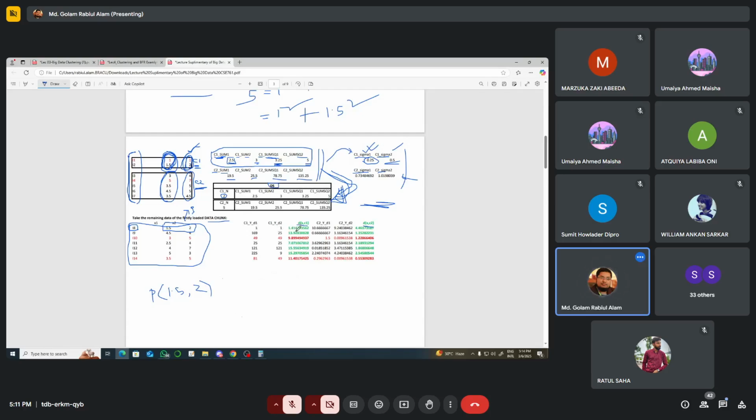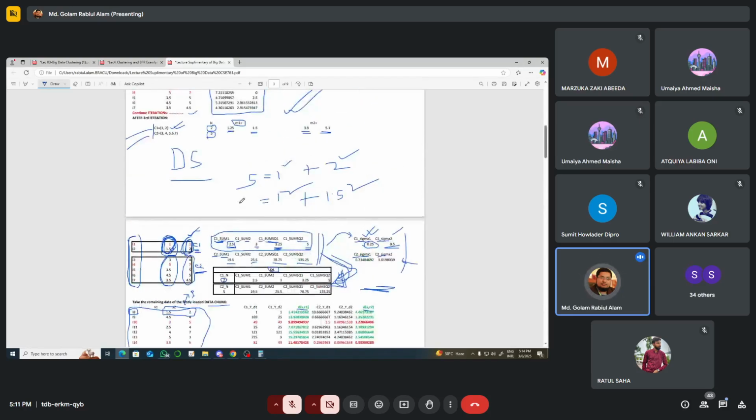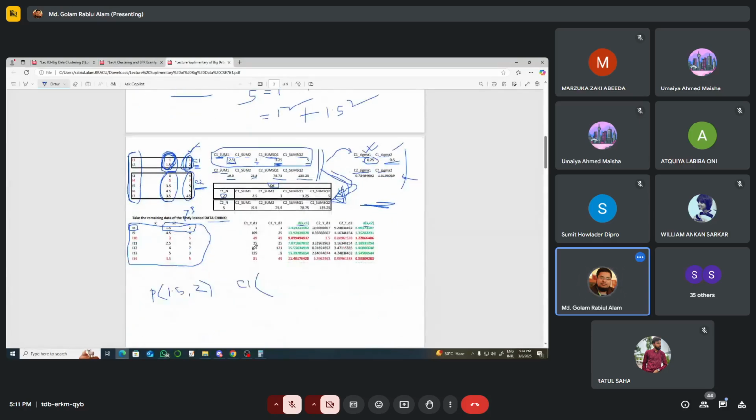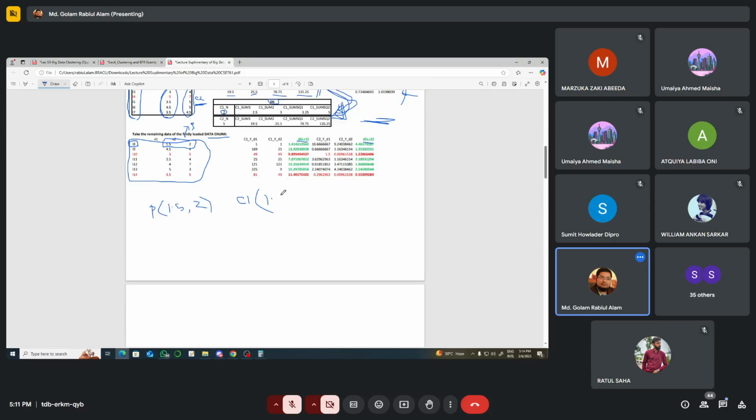Consider cluster 1. What is the value of its centroid? The value of the cluster 1 centroid we already have here: 1.25 and 1.5.